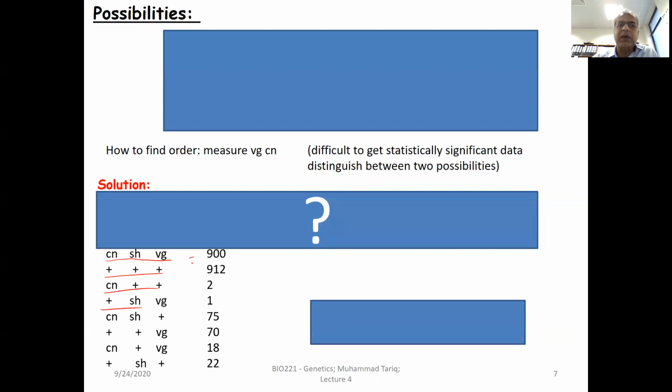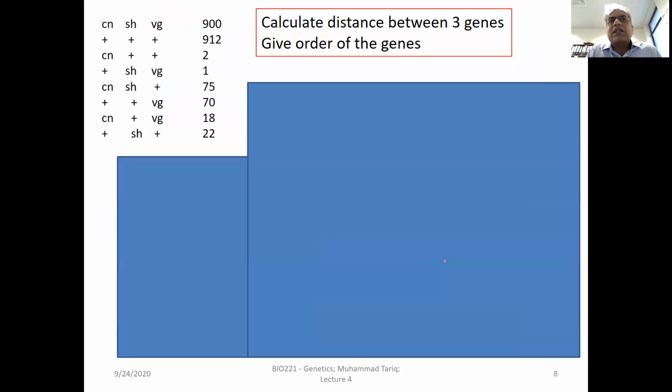You can see these big numbers, small numbers, etc. You have to find the recombinant classes between different markers, and then tell us the distance as well as the gene order between cinnabar, short, and vestigial. Clear? So this is a quick recap of what we did last time.